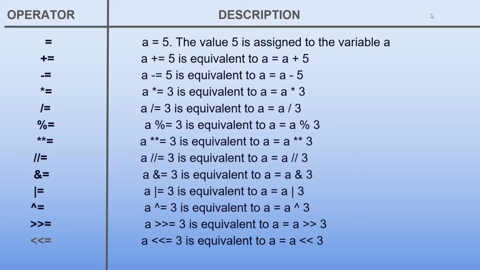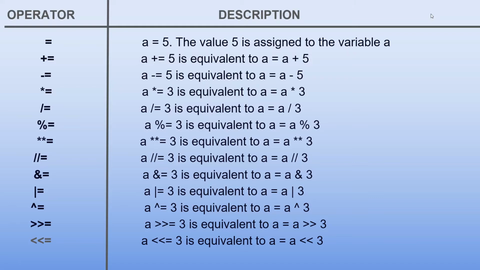Then we have the double multiplication sign followed by equal sign, where this multiplication means the exponent. So a **= 3 is equivalent to a = a ** 3. Then we have the floor division equal to, so a //= 3, which is equivalent to a = a // 3. Then we have &=, so a &= 3, which is equivalent to a = a & 3.